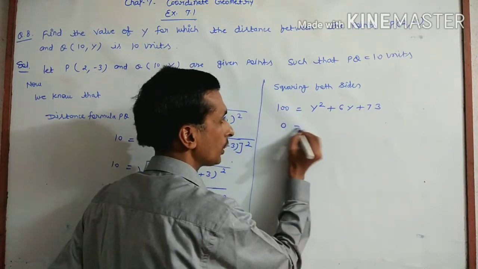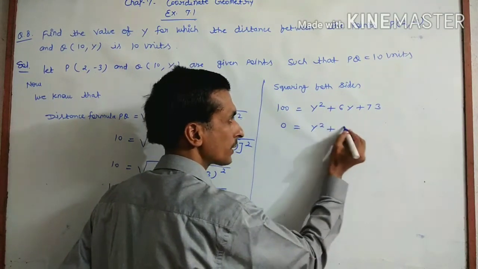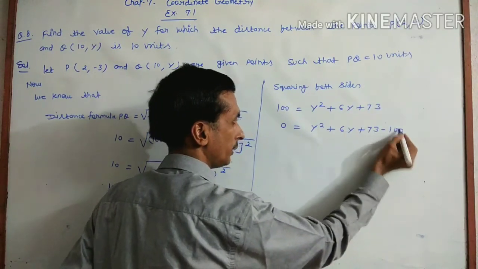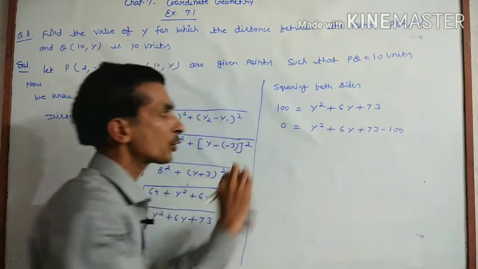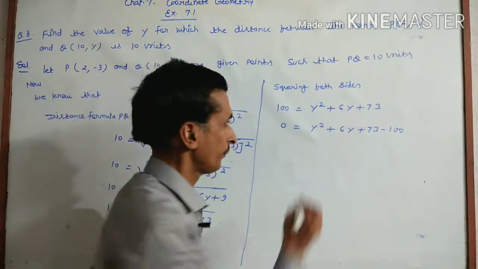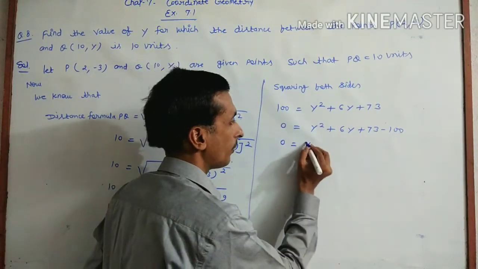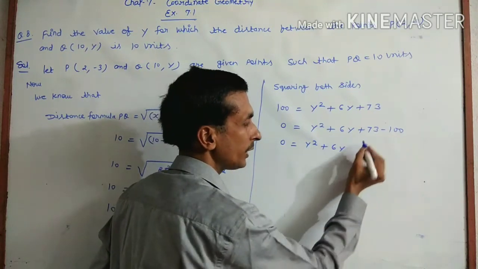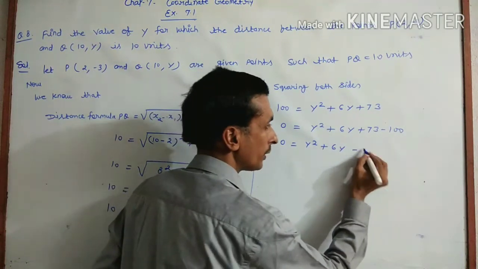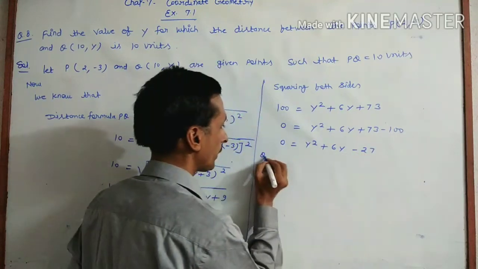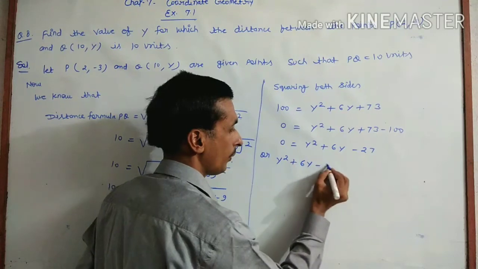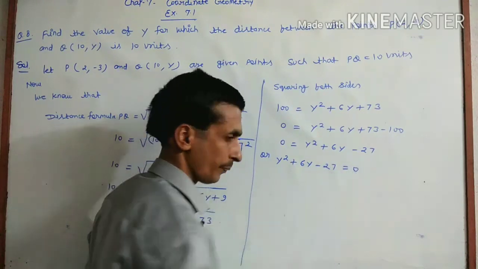Now you can write 0 equal to y square plus 6y and plus 73 and minus 100. This number is positive and so it converts into the negative sign. 0 as it is and y square plus 6y and 73 minus 100, that means minus 27. Big number is negative. Or you can write y square plus 6y minus 27 equal to 0.